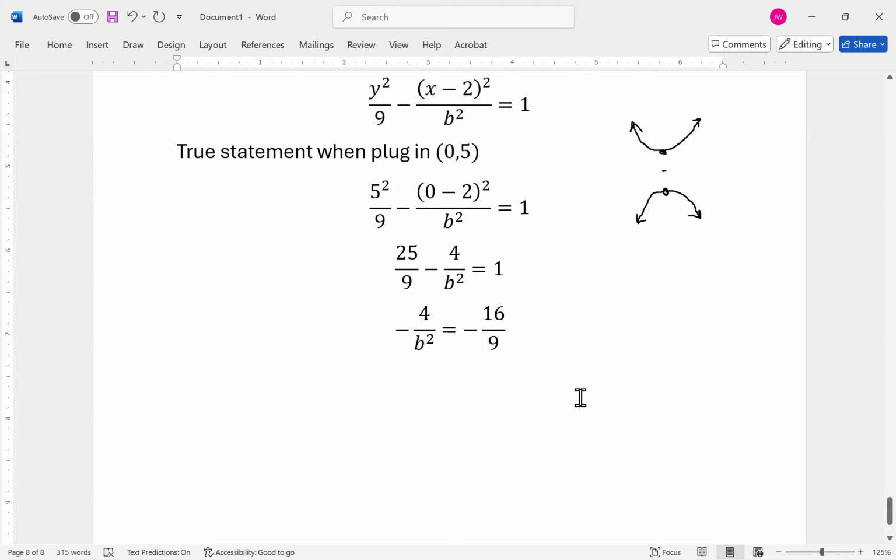I would probably just cross multiply. When I cross multiply, I get negative 36 is equal to negative 16b squared. And then if I divide both sides by 16, I end up getting 9/4 is equal to b squared.